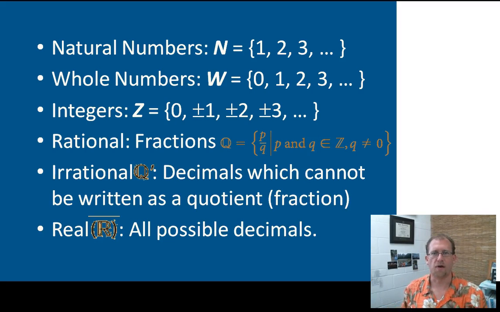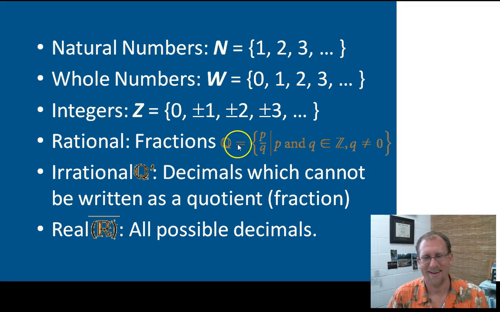In addition to these regular numbers, we also encounter some not so regular numbers that you learned about later in elementary school and in middle school. And these have to do with rational and irrational numbers. So a rational number is a fraction. And this expression is kind of confusing, but it's symbolized by this funny looking Q. That's a rational number. I don't know why Q means rational. I guess it's because R means real, but anyway.